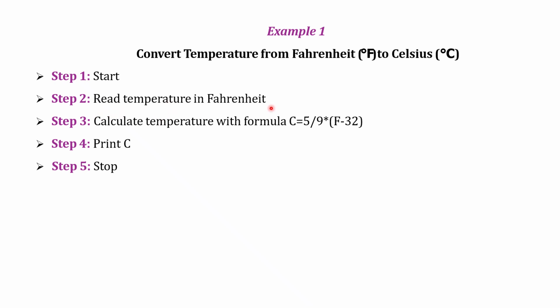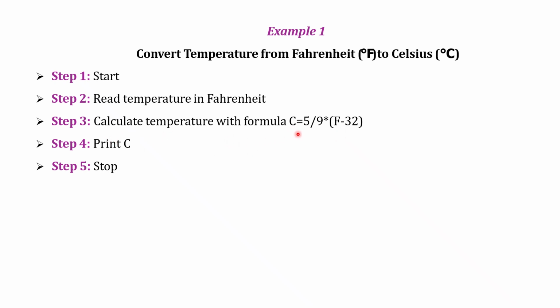So read the temperature in Fahrenheit. That's step 2. Step 3, you calculate the temperature in Celsius with the formula. This is the conversion formula for converting the temperature from Fahrenheit to Celsius, where F is the temperature in Fahrenheit.